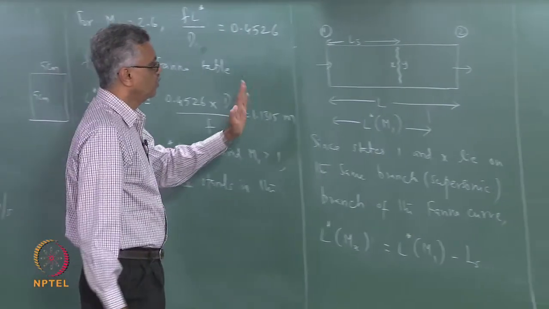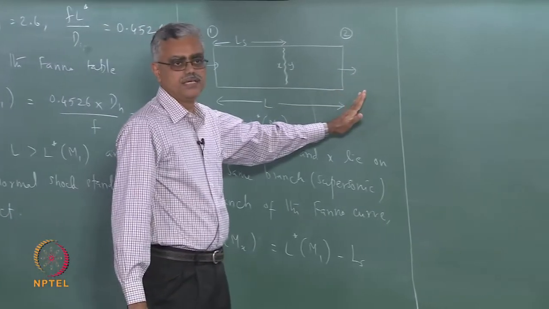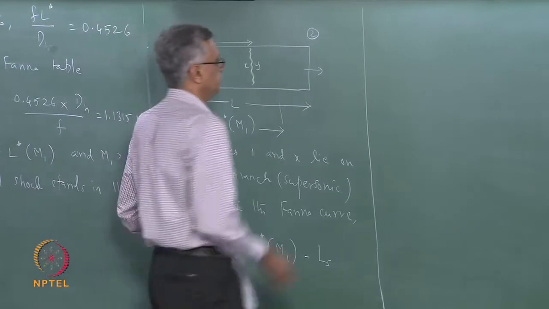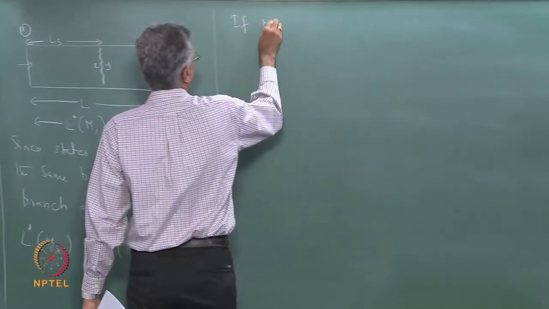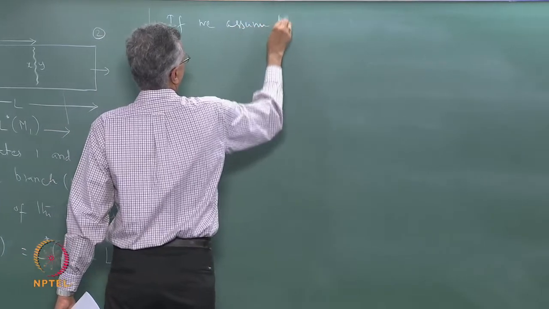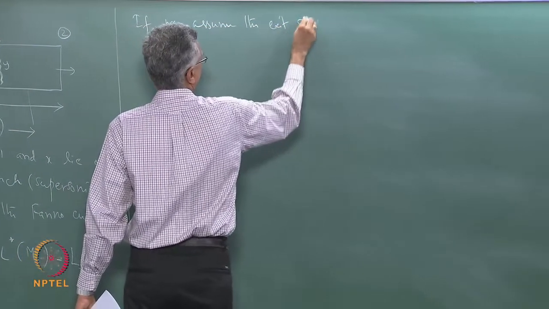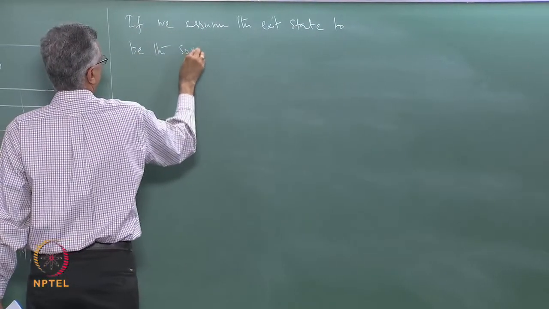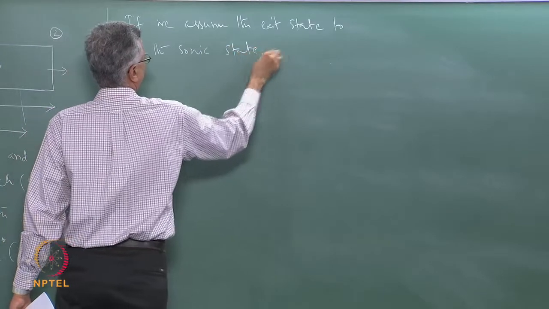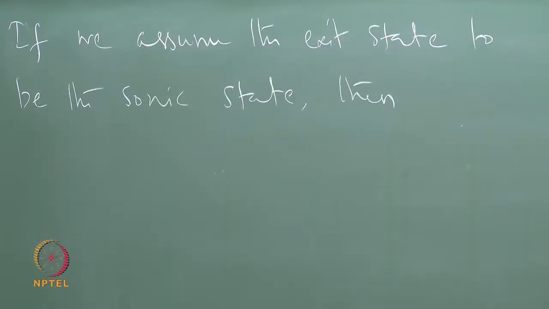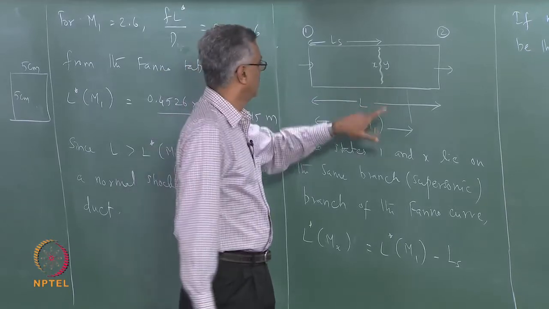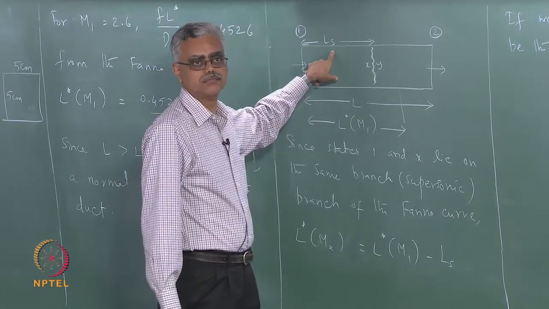Now, if no information about the exit is given, then we assume the exit states to be the sonic state. Okay. If you assume that, then notice that L star corresponding to My is nothing but total length minus Ls, that is the remaining length, right.